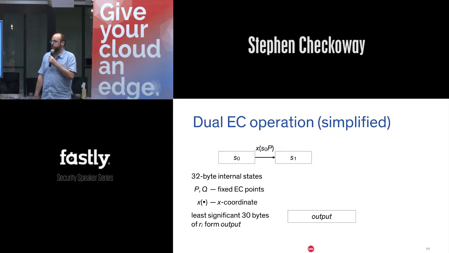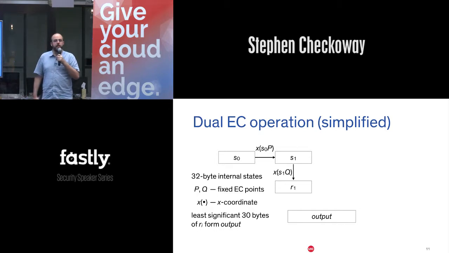But they're just some fixed points. So the way this works is first, starting from S0, we generate a new state S1 by multiplying S0 by P and taking the x coordinate. Since the coordinates are 32-byte integers, this works out perfectly. Then, to generate some output, we take S1, multiply it by Q, and take the x coordinate.